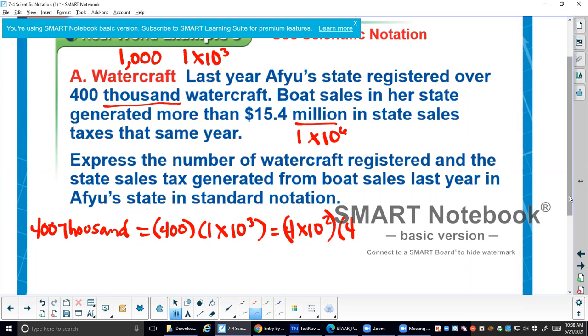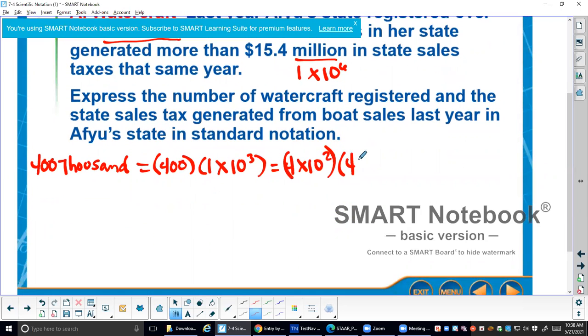Oops, sorry. My bad. Hold on 1 second. That's a 1. 1 times 10 to the power of 3. And so when you do that, that's 4 times 1, 4, and 10 to the power of 5. You see that? And then you can just put 5 zeros on there. 1, 2, 3, 4, 5. 400,000.